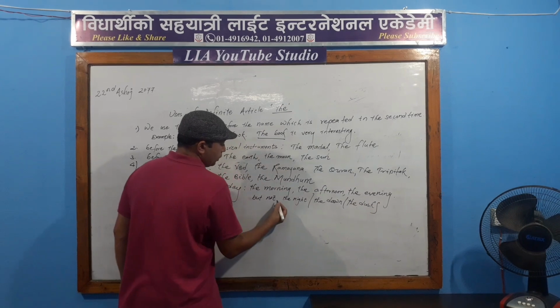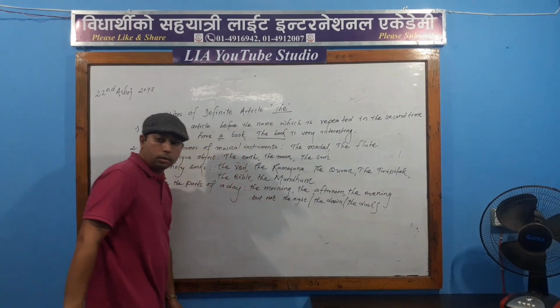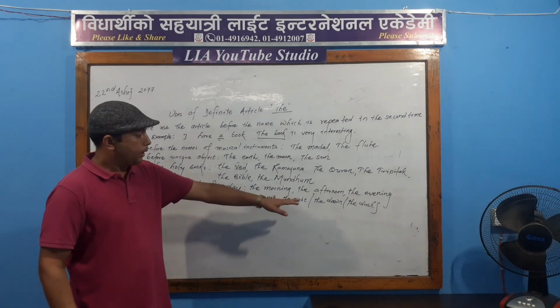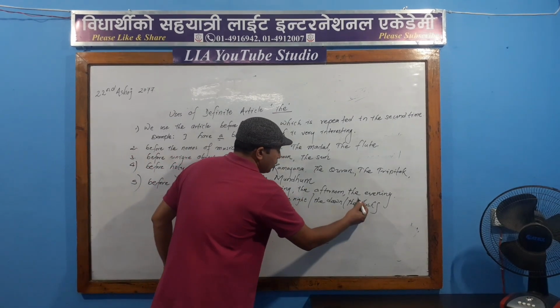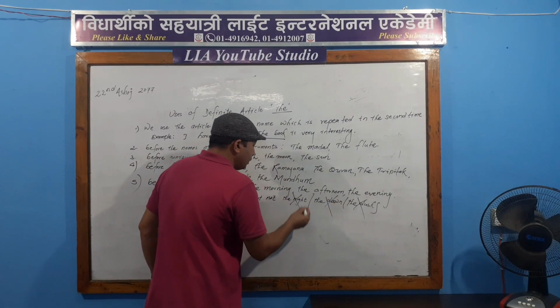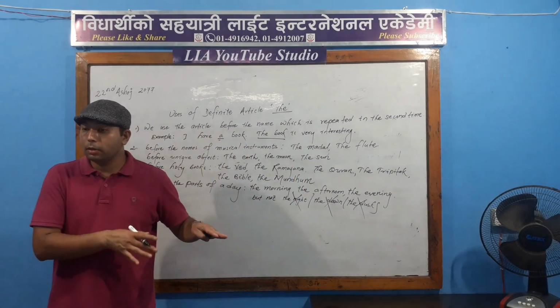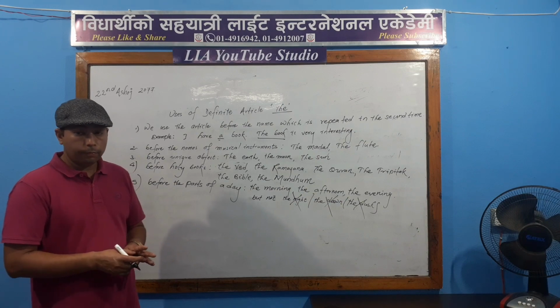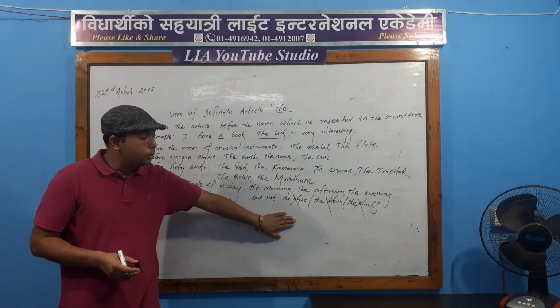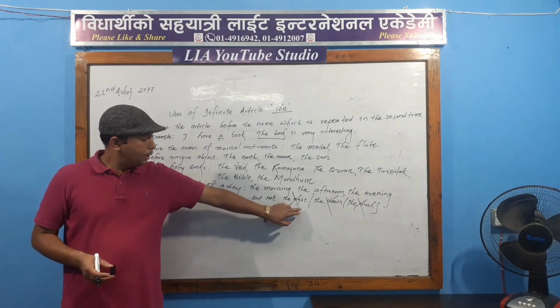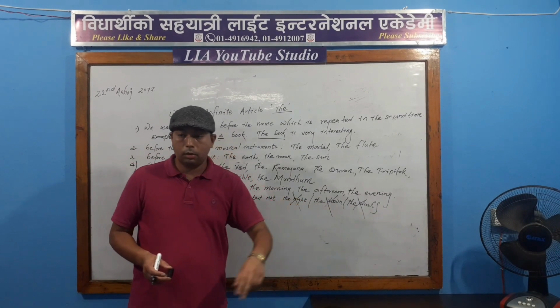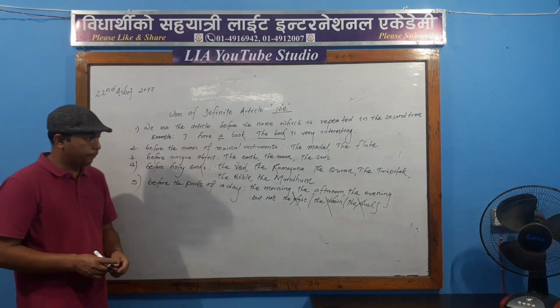Probably you know these words, dawn and dusk. Dawn means early morning, dusk means late evening. We do not use 'the' before dusk, dawn, or night, though they are also parts of the day. Generally, we use a preposition before them: at night, at dawn, at dusk.